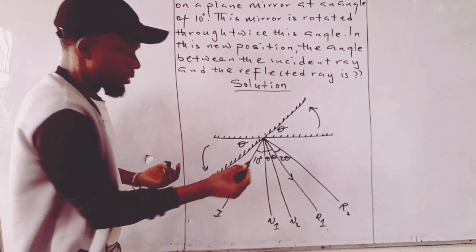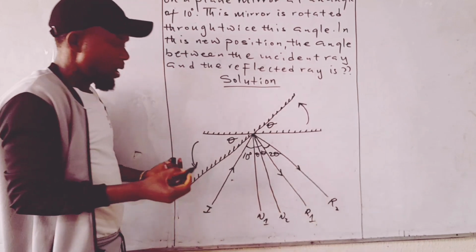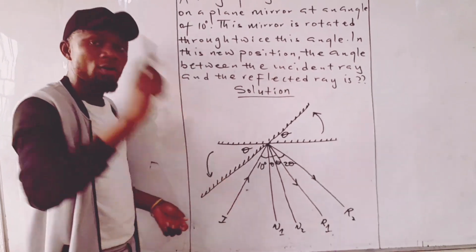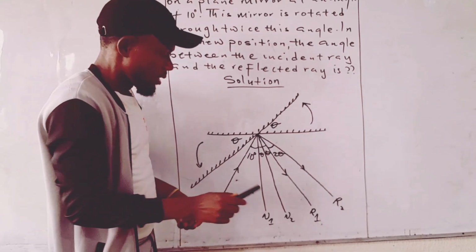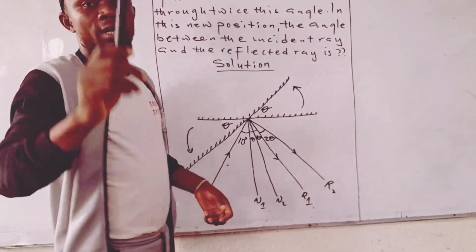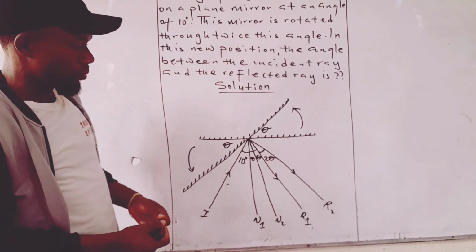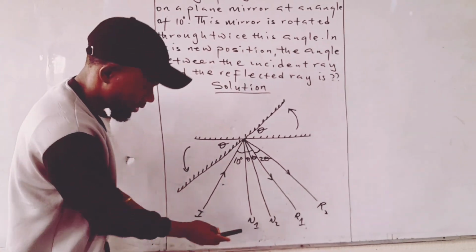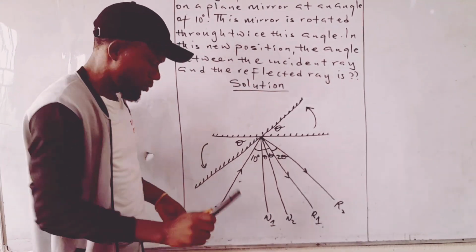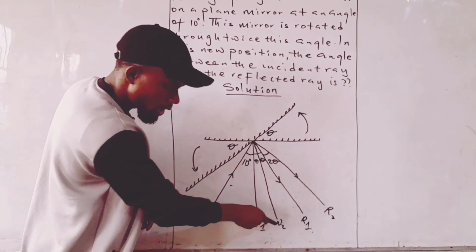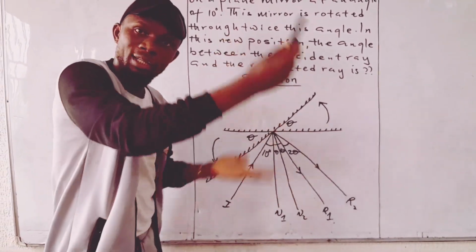Remember, on mirror rotation, the incident ray is constant, but the reflected ray varies. That's why we're having R1 and R2. Don't forget this, because the normal has been shifted when the mirror was rotated.